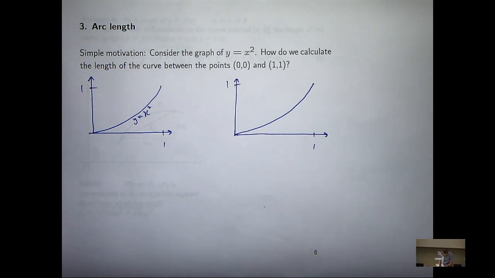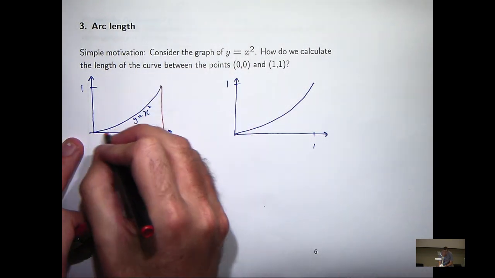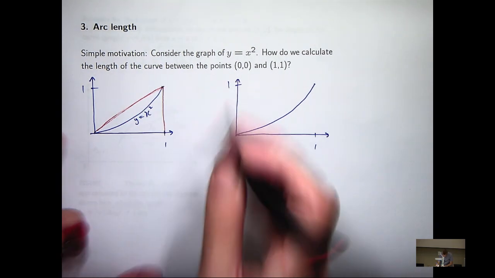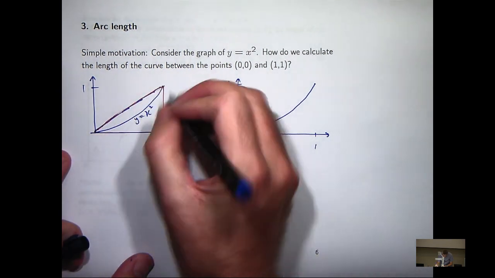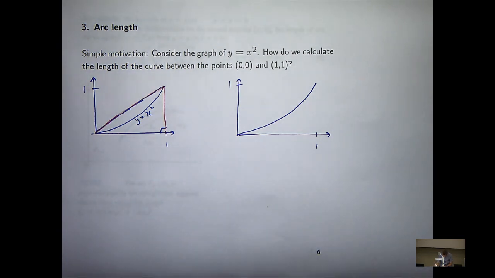Think about if I just draw these lines in here. Now, if I set up a little right-angled triangle, what I'm going to do is calculate the length of the hypotenuse. Now, it's not going to be an exact match to the length of the section of the curve that I want, but it's an approximation.